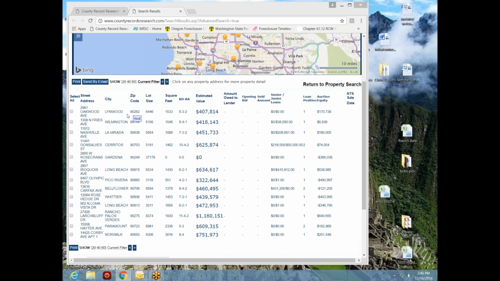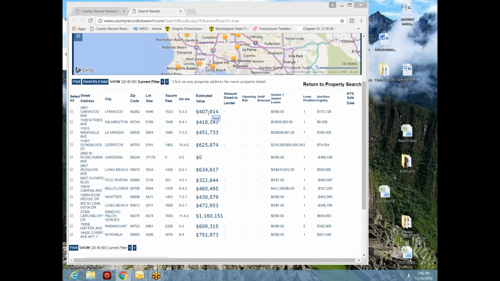Okay, so this one on Oakwood Avenue in Linwood, we have an estimated value of $407,000. We have a foreclosing first, and we have an auction equity figure that our system has calculated, again, a rough calculation based on this estimated value of $407,000 and based on what's owed on the loan that's in question.